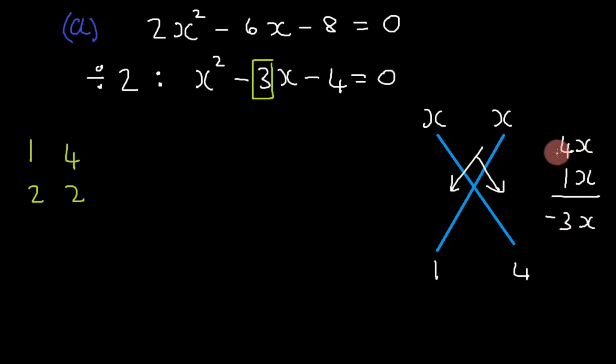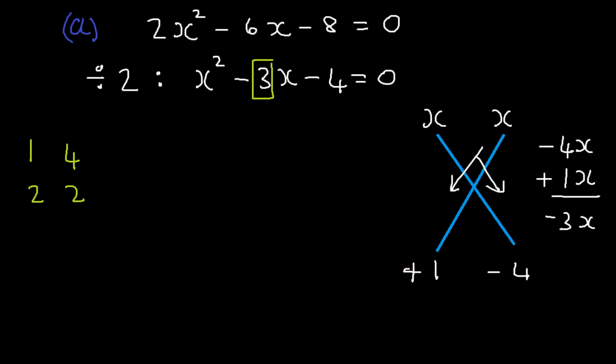So the 4 has to be negative and the 1 has to be positive, because negative 4x plus 1x is negative 3x. We got 4x by saying x times 4, and 4x is negative, so we need a minus here. 1x we got by saying x times 1, and 1x is positive, so we need a plus here.